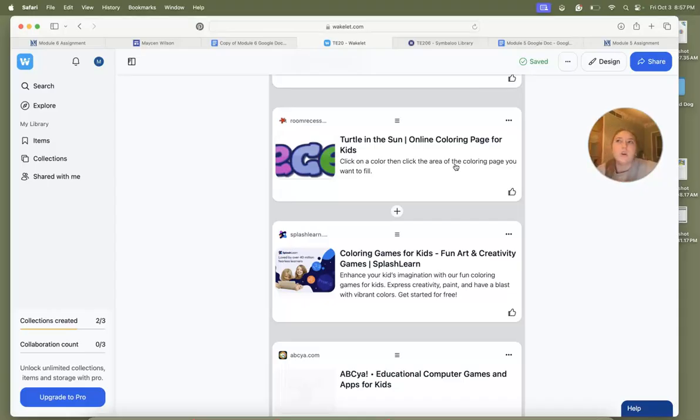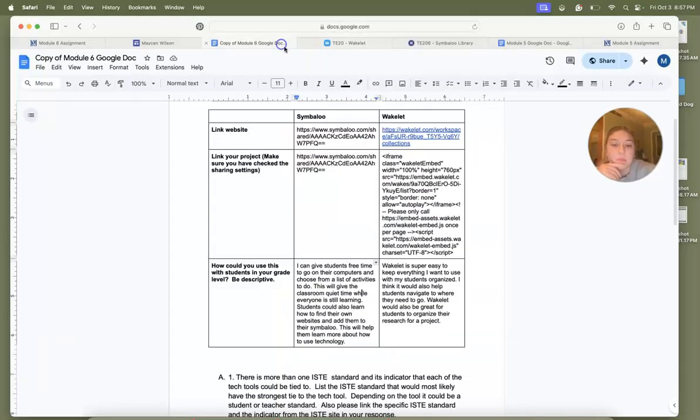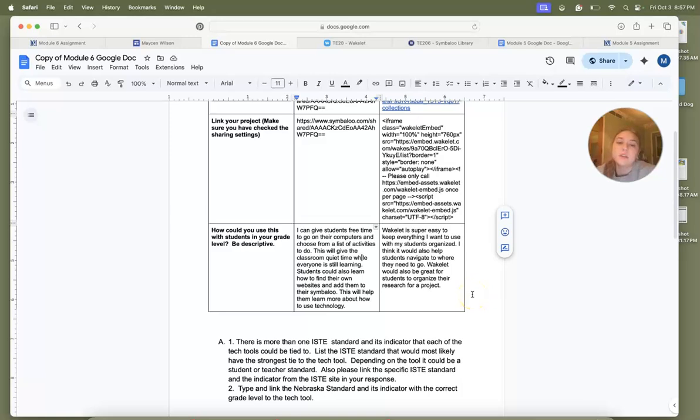Again, I don't know how I did the coloring because I'm not sure how well kindergartners will know the name of their colors. My siblings are way too old. I can't remember what they knew in kindergarten. But I said it was super easy to keep everything organized for myself.